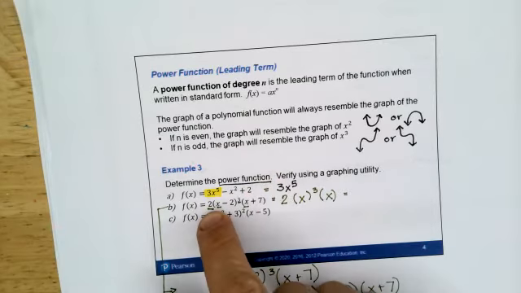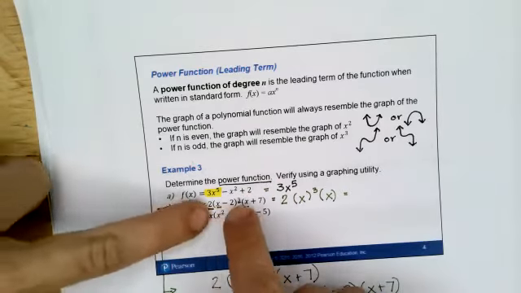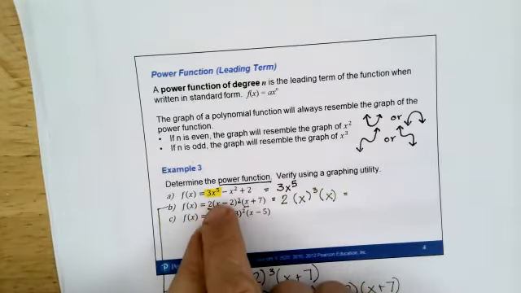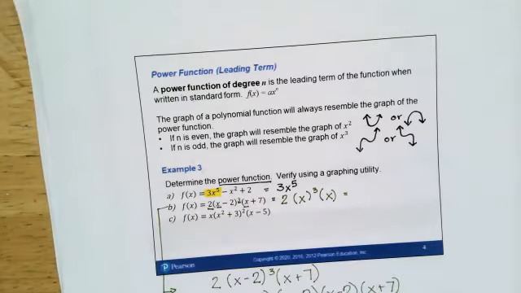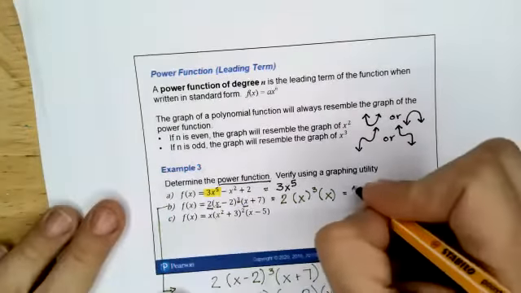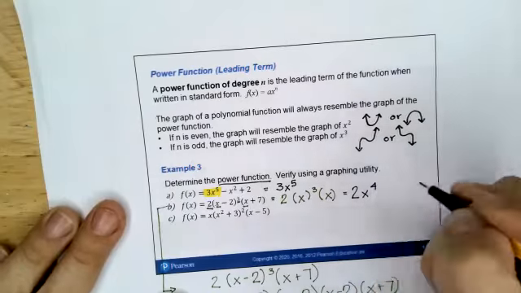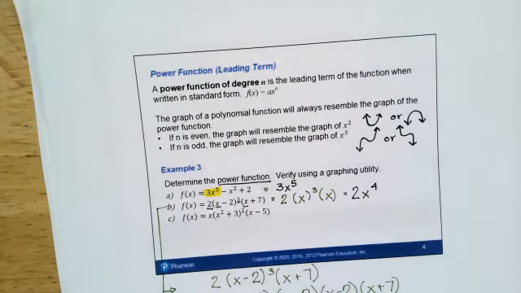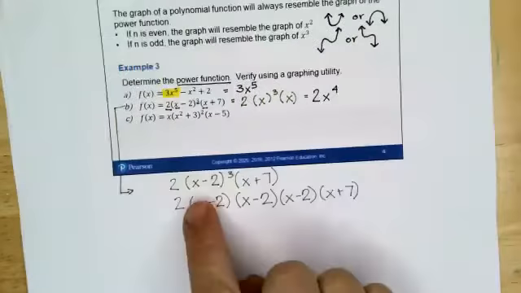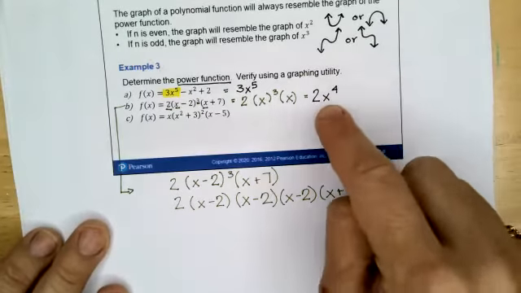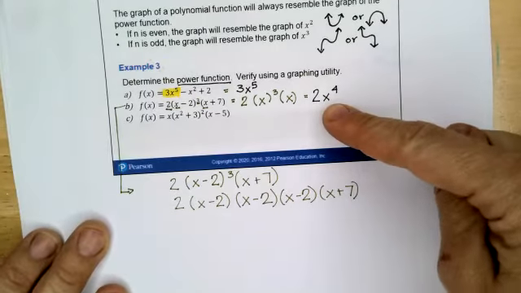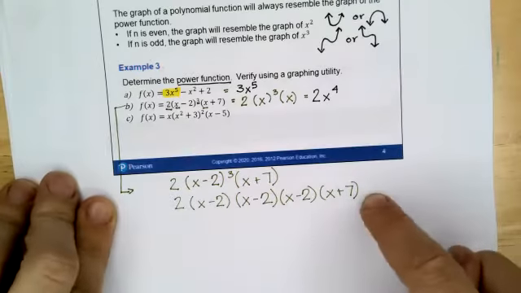I'm going to take that x, it's going to be multiplied by that x, but that x is also already to the third power. So that x to the third is going to get multiplied by that x and by that 2. And what I will end up with is 2x to the fourth. Okay, so we're shortcutting all of this because we want the leading term, which if I do all of this, I will get 2x to the fourth as my leading term, but I don't need to know anything else about it.